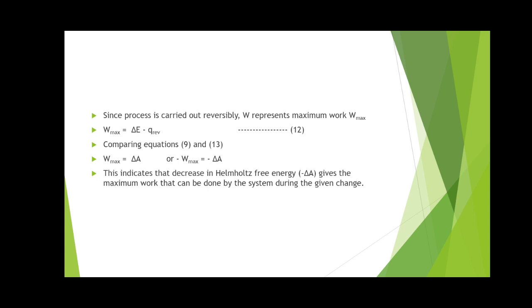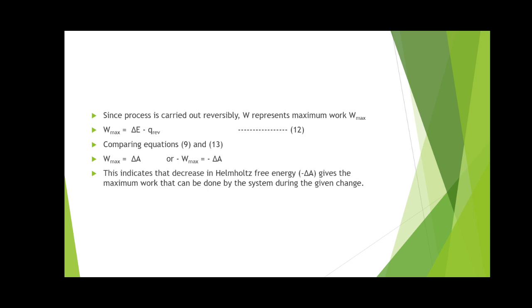Since the process is carried out reversibly, W can be represented as the maximum work, that means W max. In a reversible process, we will get the maximum amount of work. So W max = delta E - Q reversible. Now you just compare equation number 9 and 13.